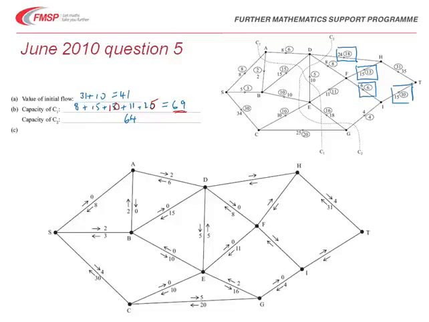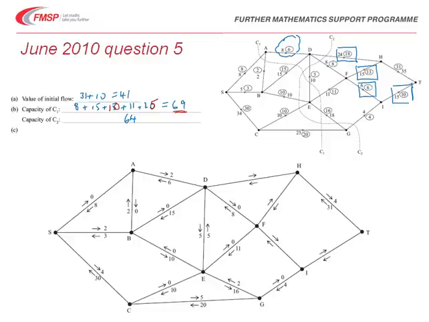Moving on to the next part of the question, the diagram shows the initial flow pattern and the possible changes that can be made. We've been asked to look at 4 of the arcs which have not yet been completed. Just to explain what's going on, if we look at the arc from A to D, there is a flow of 6 and a capacity of 8 in that arc AD, and that's shown by the changes that can be made in that route from A to D. We could increase in the direction AD by 2, or we could decrease by up to 6.